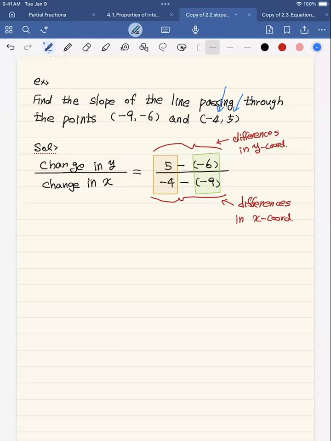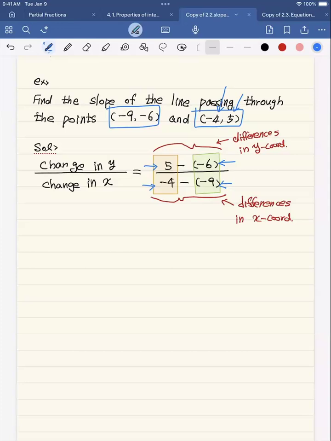So we chose to think about the -4 and 5 in the first place, and then you will write y coordinate and x coordinate consistently, and minus y coordinate and x coordinate in the other coordinate.